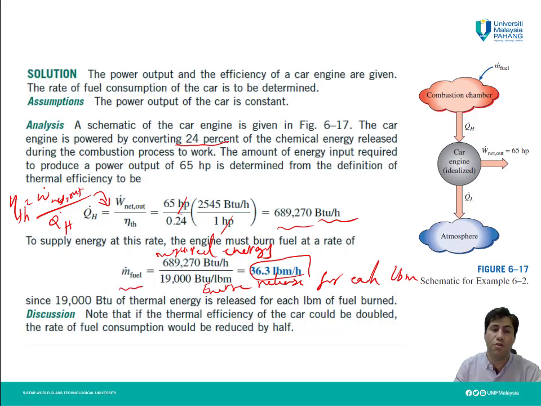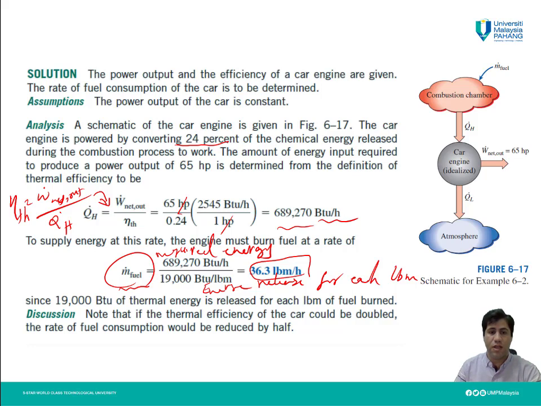So if we divide Q dot H, the required rate of heat energy to the heat engine, by the possible heat we can get from each pound of the fuel, then we can calculate the required mass flow rate for this engine.